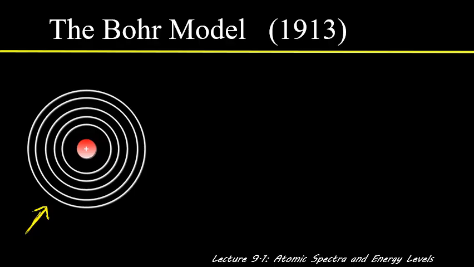A lot of textbooks will not include this drawing. And the reason that they don't include it is because it's not really correct. The idea here is that the electron or the electrons are orbiting the nucleus in these little circular orbits. That's actually not how we currently understand the structure of an atom.